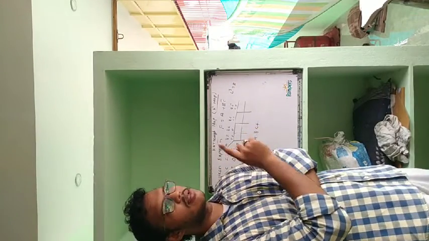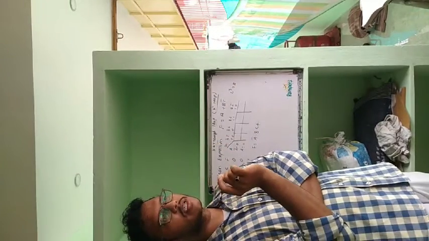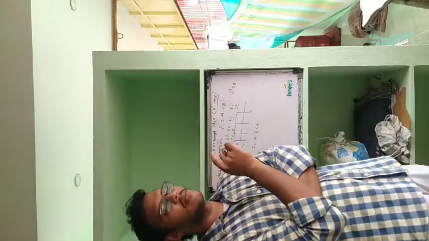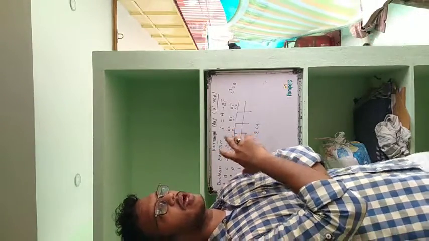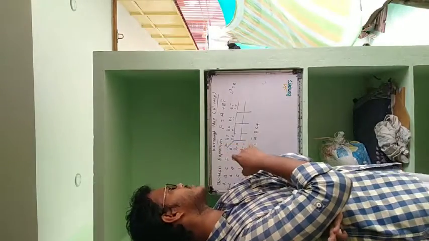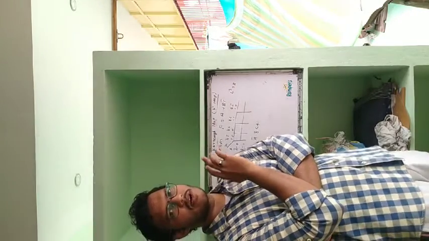To solve the Boolean expression in the algebraic method is somewhat difficult because we have to remember all the formulas. Whereas in the K-map we need not remember all the formulas.